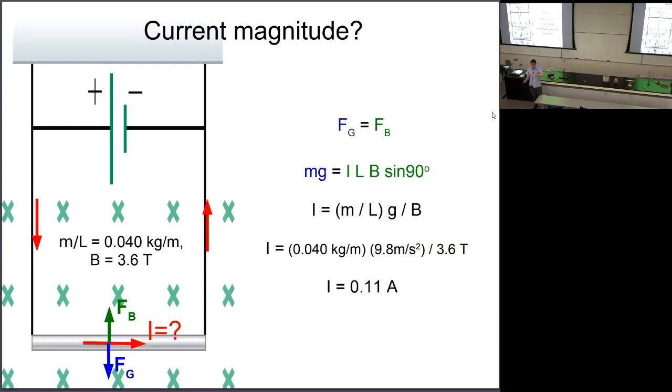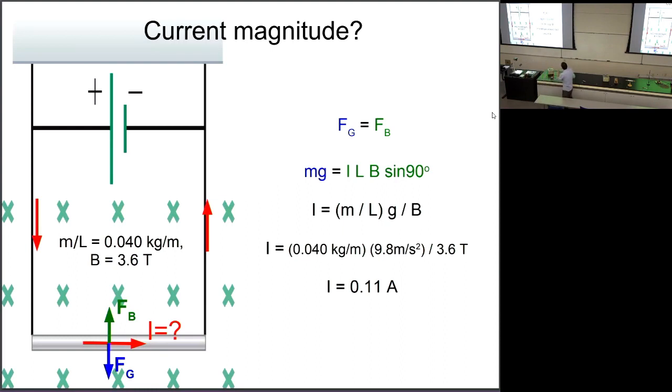And that's true. We can't in this problem, because we don't actually know what the mass of the rod or the length of the rod is. We couldn't calculate what the gravitational force is, or what the magnetic force is. But we can use the fact that we know they're the same strength to solve for the current.